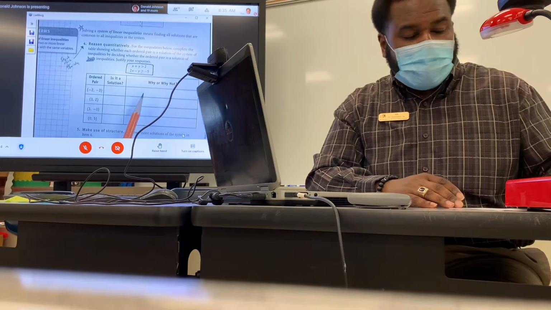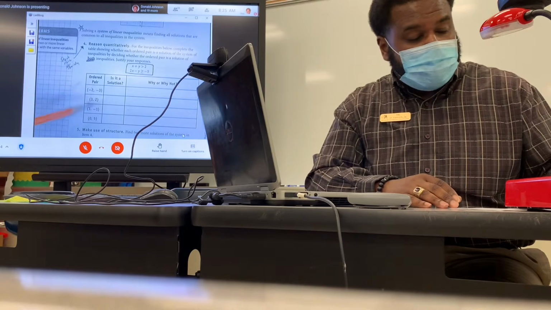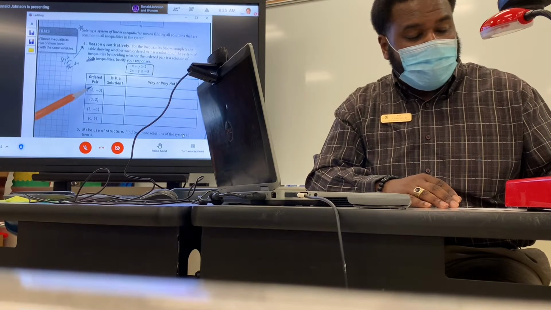All right, so let's go ahead and take a few moments and see whether or not these ordered pairs are solutions to this system.